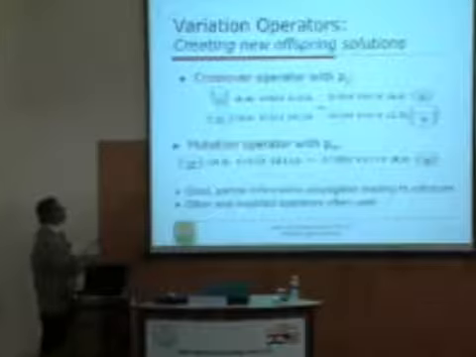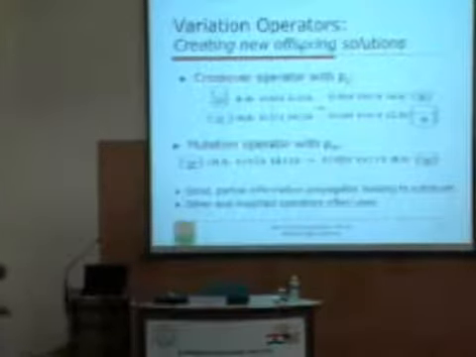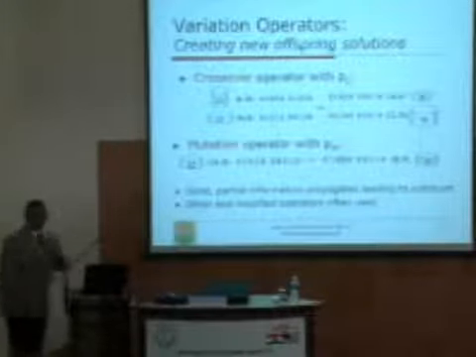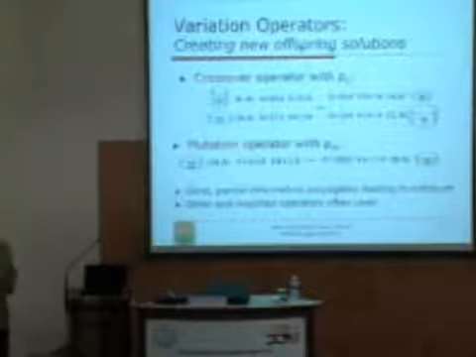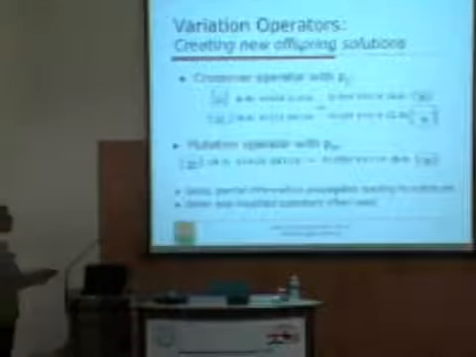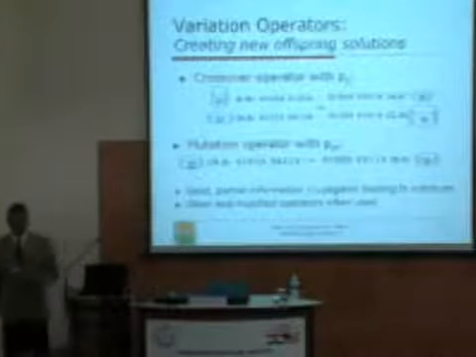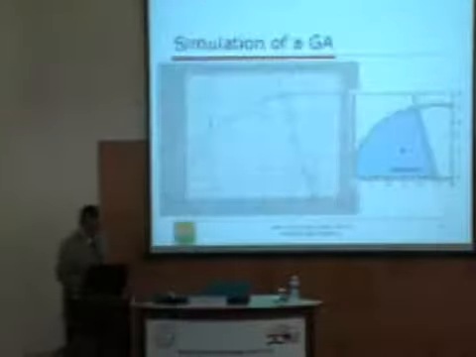One way to differentiate these 2 operators, which is again very fuzzy, and not many people agree on it, but the way I think of it is that we call an operator crossover if you have involved more than 1 parent in the creation of a child. So this is what we call a child. If you have involved only one of the previous solutions to create a new solution, you can call it a mutation. So that's a very loose definition of crossover and mutation.